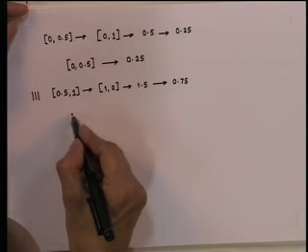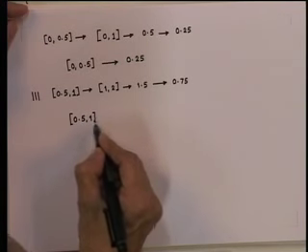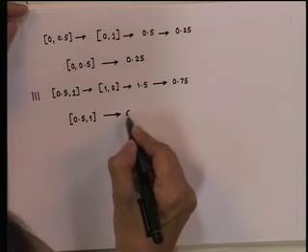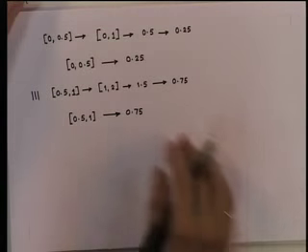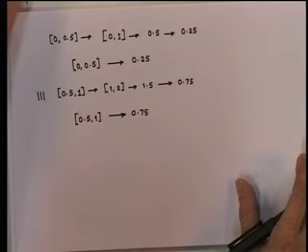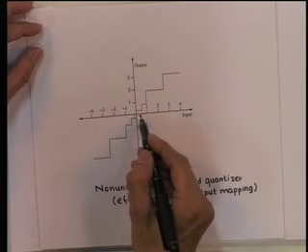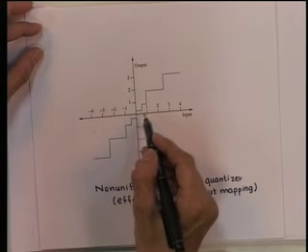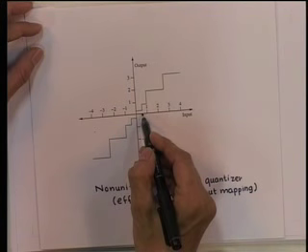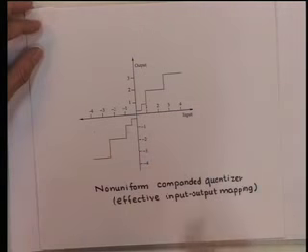So, again effectively the interval between 0.5 to 1 gets mapped to 0.75. So, the effective quantizer input output map is shown in the figure here. The values between 0 and 0.5 get mapped to 0.25, between 0.5 to 1 they get mapped to 0.75, and so on.